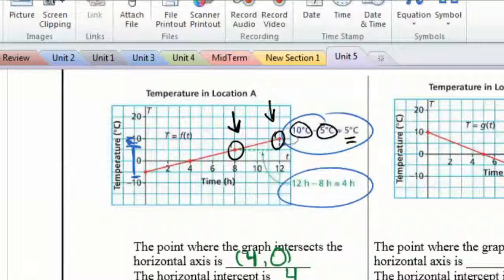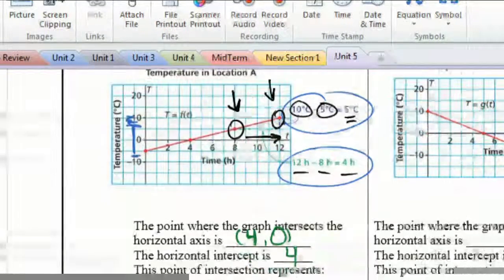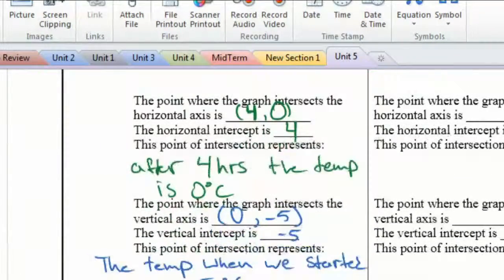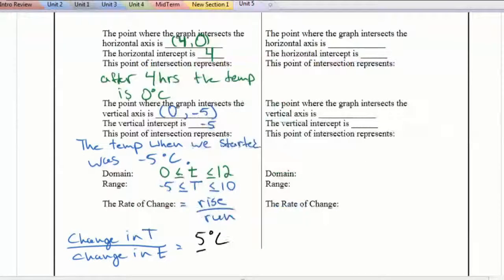And then the run, how far across did I have to go? So it looks like I started at 8, finished at 12, over 4 hours. So the rate of change is going to be 5 degrees every 4 hours. So that's my rise divided by my run. But I'm not interested in how much my temperature changes every 4 hours.